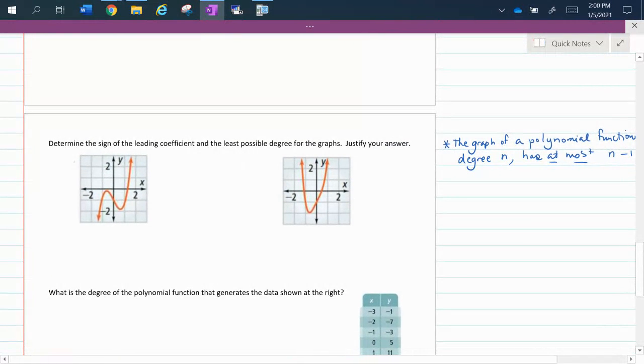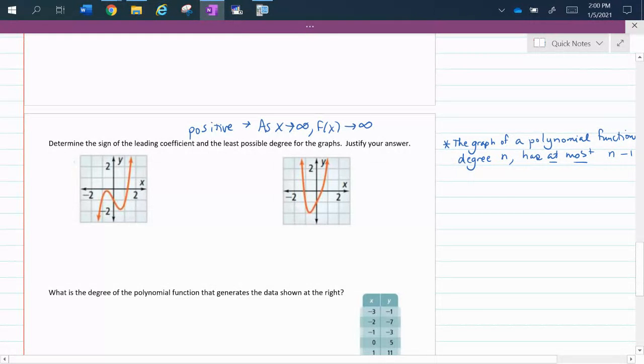The sign of the leading coefficient will tell us what our end behaviors are doing. If the sign of the leading coefficient is positive, then that means, let's write positive, that means as x approaches infinity, f of x approaches infinity.